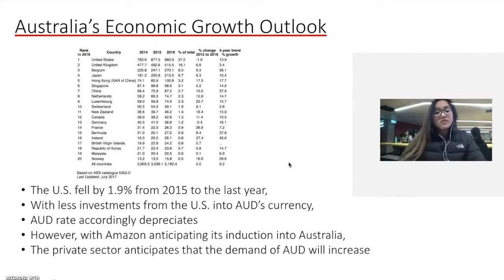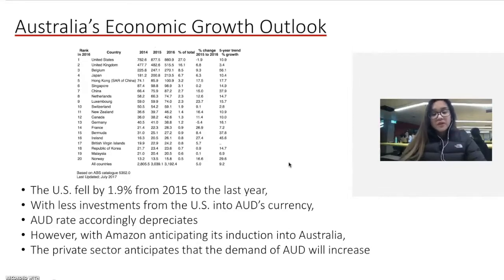Nonetheless, according to the Financial Review, the American tech giant Amazon is going to enter the Australian online market, which will bring huge capital into Australia. Hence, the private sector anticipates that the demand for Australian dollars will increase. But based on the assumption of economic growth, eventually it will position itself in the future. Therefore, theoretically, Australian dollars will still depreciate.